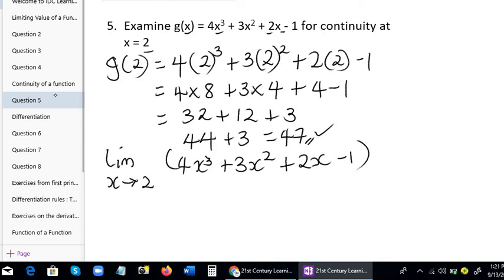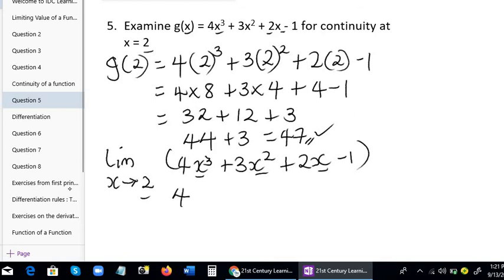Since this is a simple function, a plain function, we don't need to break it down. So we are just going to substitute the value of x into it. Since x approaches 2, we substitute 2 into the x here.